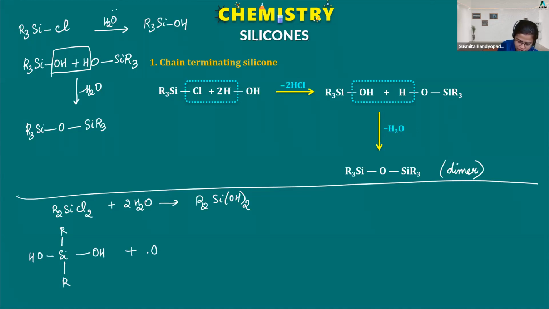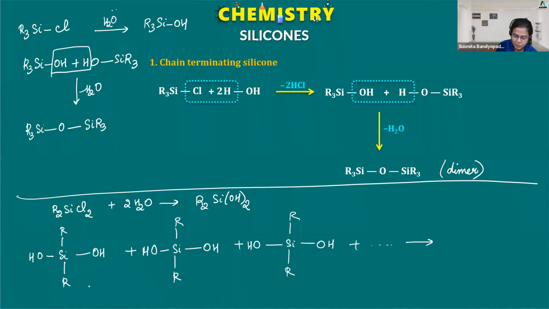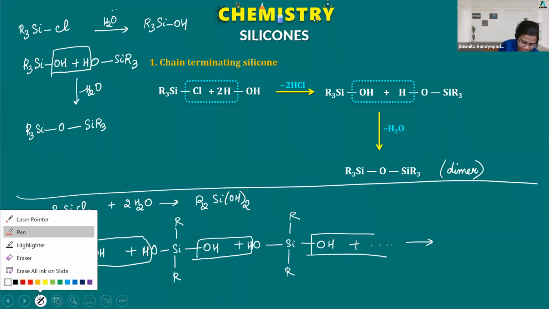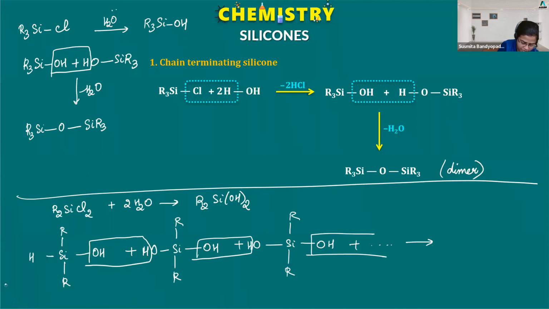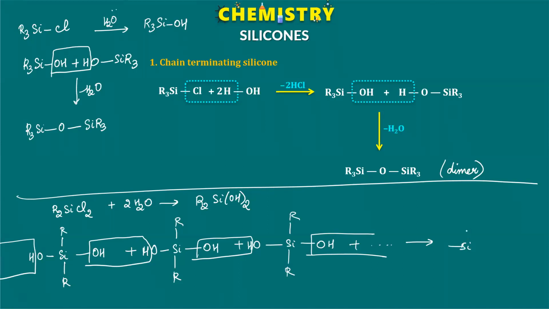One I wrote, second one I wrote, third one I wrote, and so on. Now what will happen is they will bond. OH of this, H of this. If H is gone, your OH remains, and if OH is gone, your H goes with someone else. And what will be formed? Will it form a polymer? Which kind of polymer can I call it? A straight chain, a linear chain. Very good.